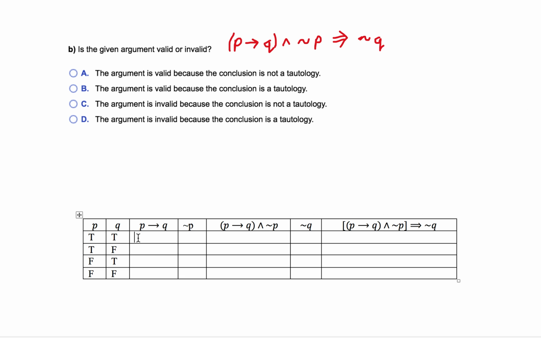All right, so for P arrow Q, I'm going to begin by copying my P's down. So true, true, false, false. I'm going to put my arrow in.